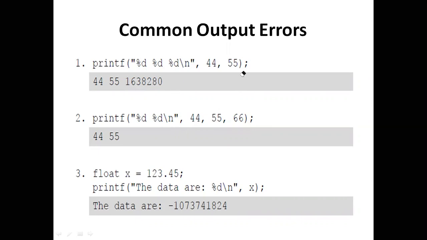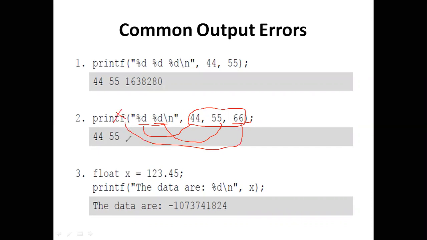And here the values to display are three, but we are indicating only two format specifiers. The first format specifier is for 44, the second format specifier is for 55, and for 65 we are not having any format specifier.